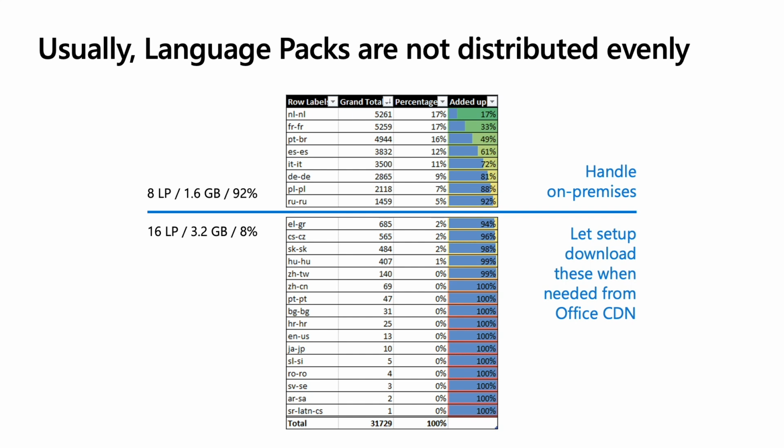So the idea here is to offload the rarely used language packs to the Office CDN. So to enable the setup to still install these languages, but not make them part of my deployment package, but during install, if this language pack is required, it should be synchronized down from the Office CDN.